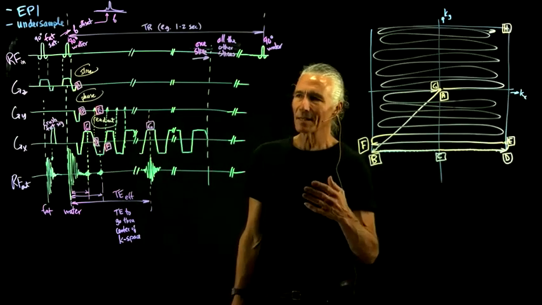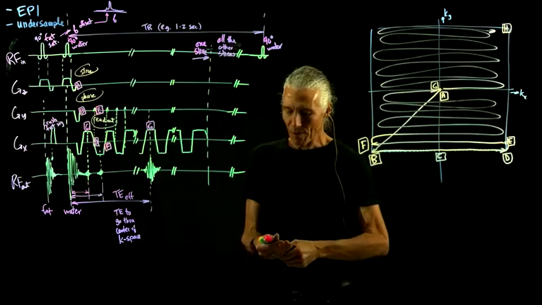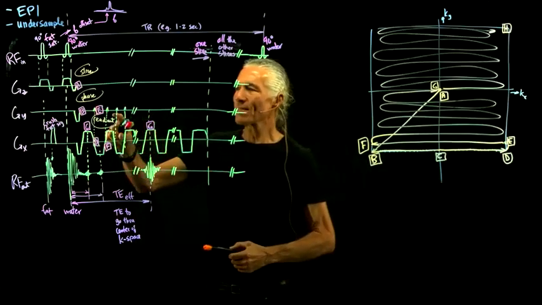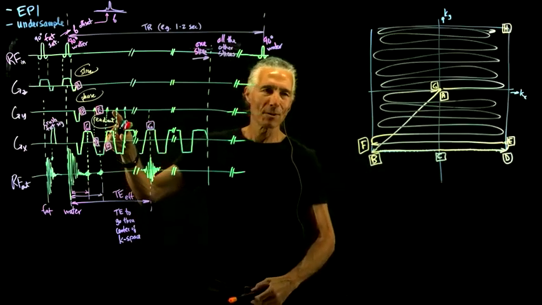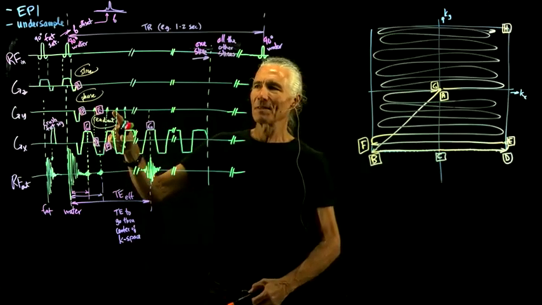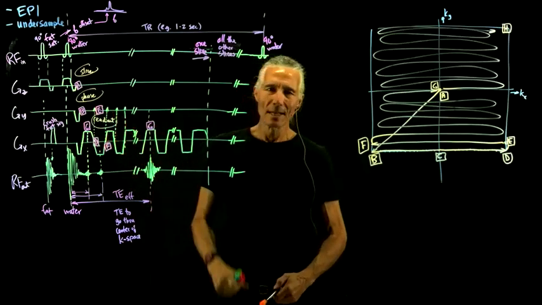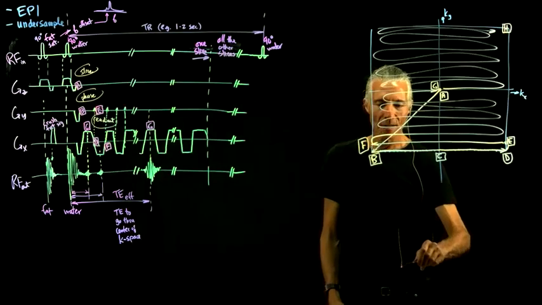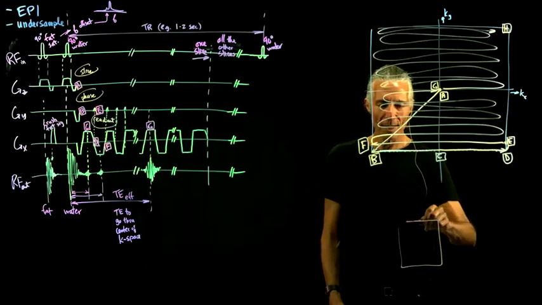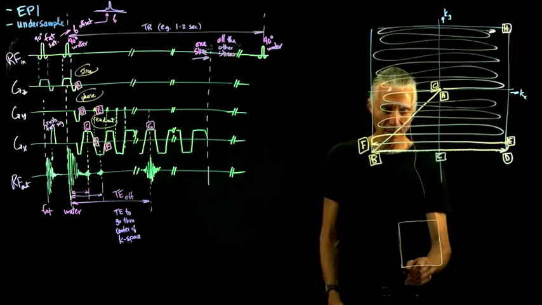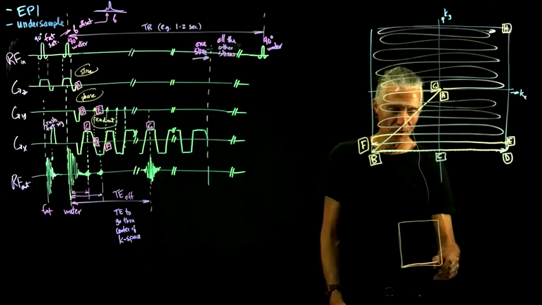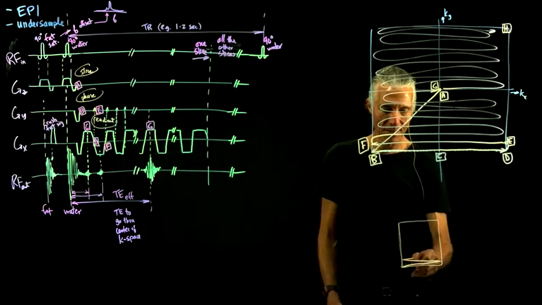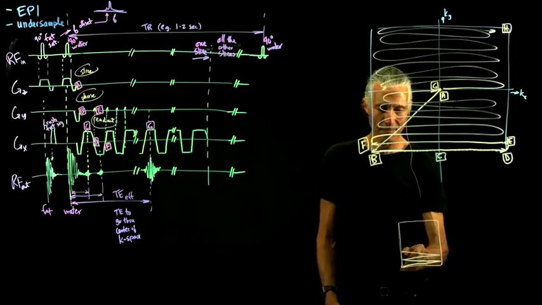This method is an old method. The very original one didn't have blips because the amplifiers weren't quite snappy enough. So what they did in the original one was just turn the phase encode gradient on continuously, and you'll do a zigzag across K-space like that.